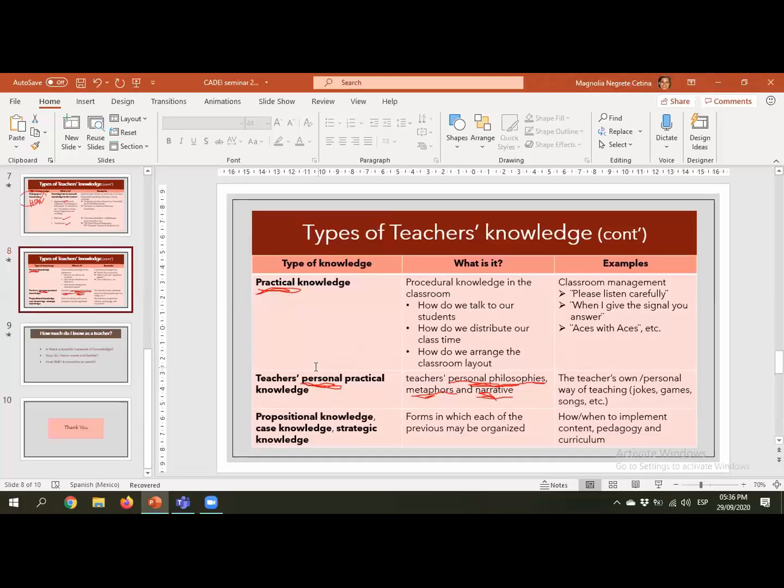Okay, you see, there is one aspect we did not cover, because it's very extensive, it will have a chapter on its own, pretty much, like every type of knowledge. But remember that within teacher's personal practical knowledge are the teacher's personal philosophies, metaphors, and narrative. It's also teacher's emotions, teacher's psychology. It's all the emotions and psychology teachers bring with them, okay?